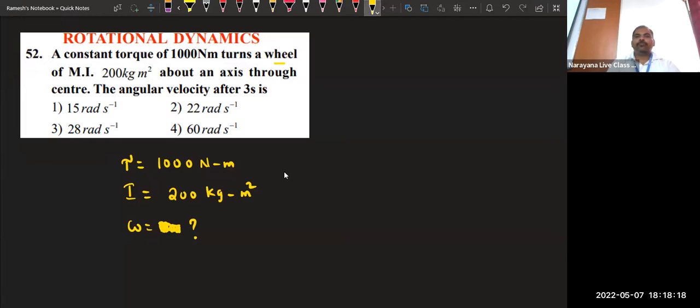You assume this is a potter wheel. It is continuously rotating, means you are applying torque only, na? Correct or not? What is torque similar to? Force. Moment of inertia is similar to mass.